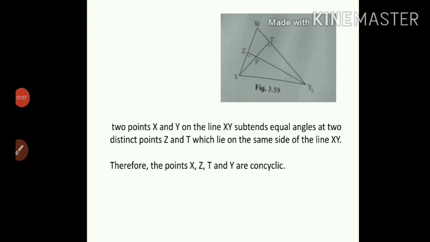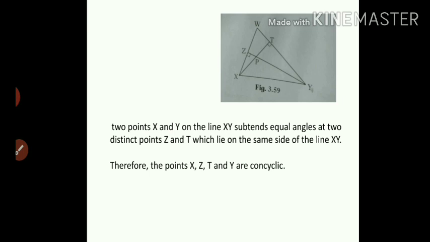See, now if you see the diagram, there are 2 points X and Y. See, X and Y, they are joined now. 2 points X and Y on line XY subtend equal angles at 2 distinct points, that is Z and T. So see, 2 angles are formed, XZY and XTY.